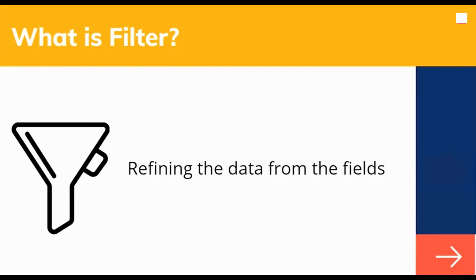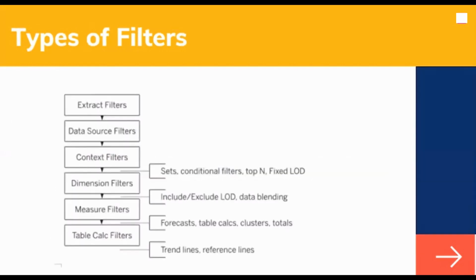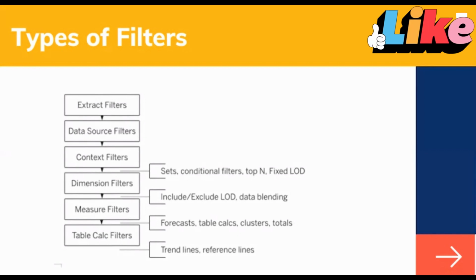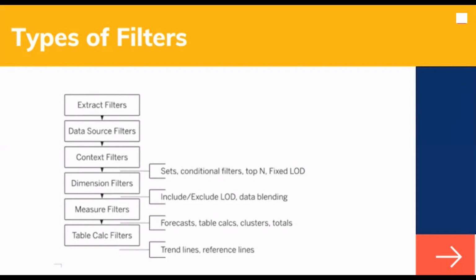Now that we have an idea of what a filter means, it is important for us to understand how we can actually make use of the filter in our Tableau. Before that, I just wanted to mention that Tableau supports different sets of filters. You have extract filters, data source filters, context filters, dimension filters, measure filters, and then table calculation filters.